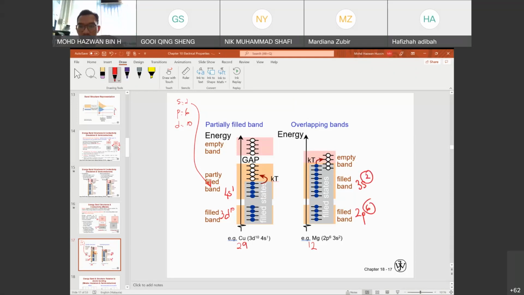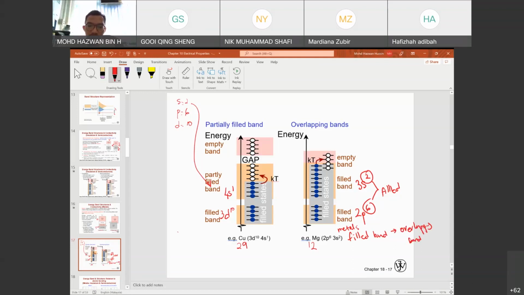Both are filled. So whenever you have atoms that have a filled valence band, metals that have a filled band can be explained as forming overlapping energy bands.